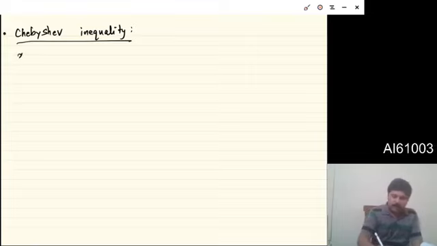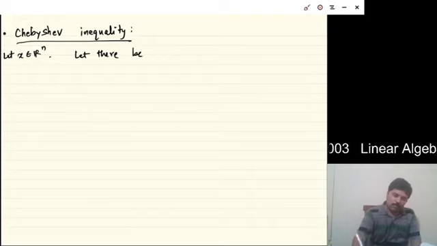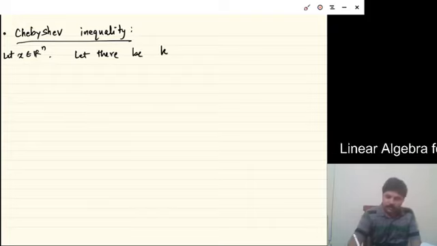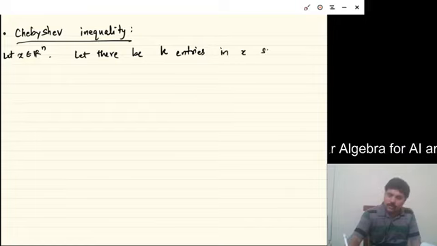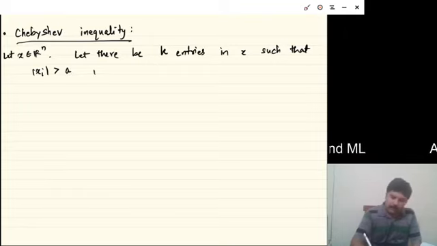Let x be an n vector, so let x belonging to Rn, and let there be k entries in x such that mod xi is greater than A, where A is a positive scalar, A greater than 0.